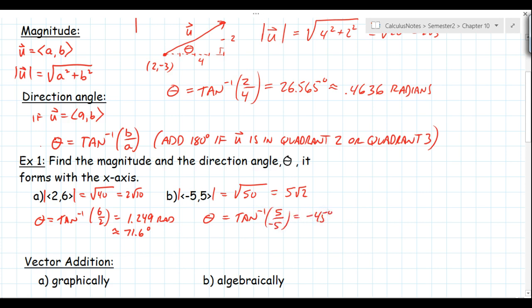But we know that the vector negative 5, 5, if you plotted the point negative 5, 5, that's in quadrant 2. And so we know an angle of negative 45 degrees doesn't make sense. It's actually, we add 180 to that and get 135 degrees.